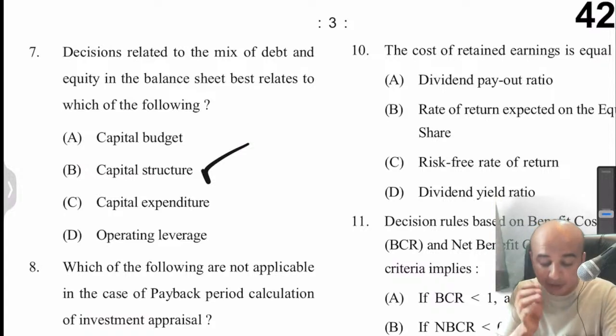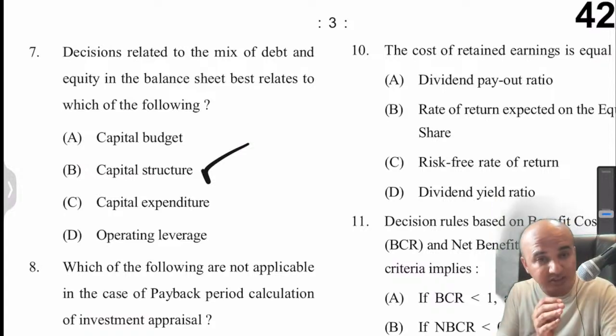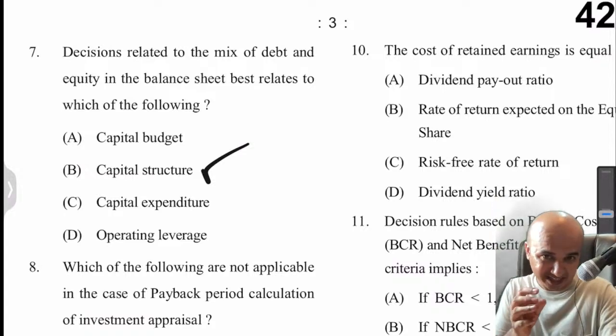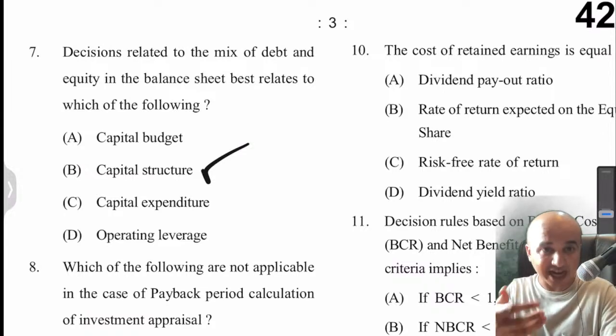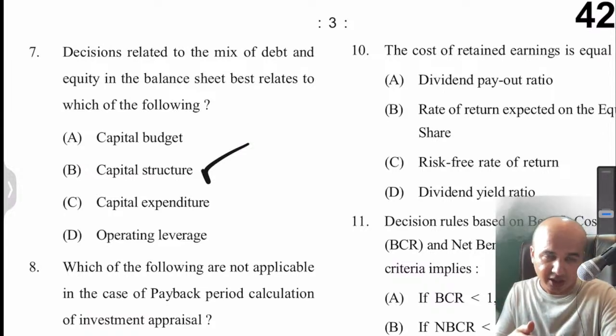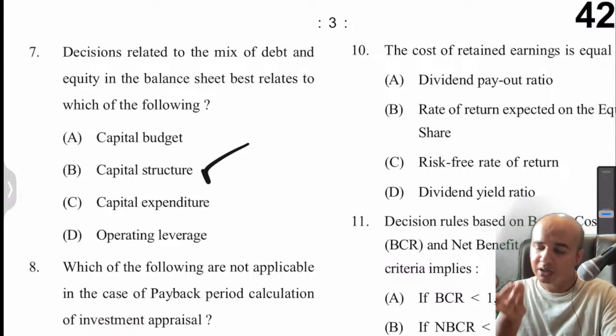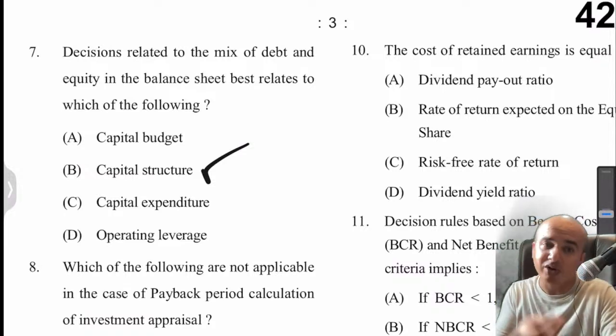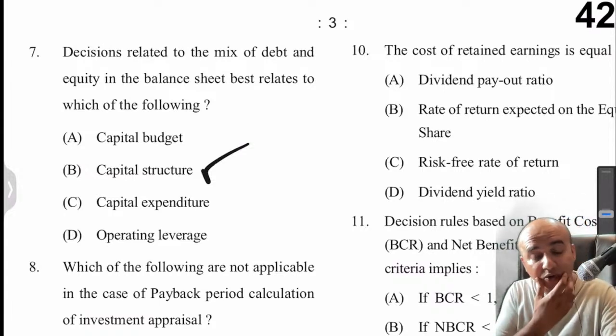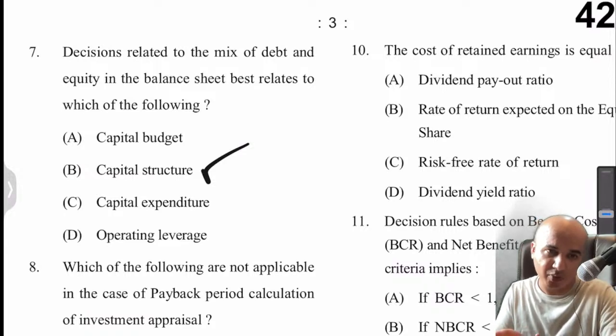So capital structure decision in fact involves determining the optimal balance between debt and equity financing. It considers various factors such as cost of capital, risk tolerance, financial flexibility, the impact on the company's overall financial position, and also the profitability.